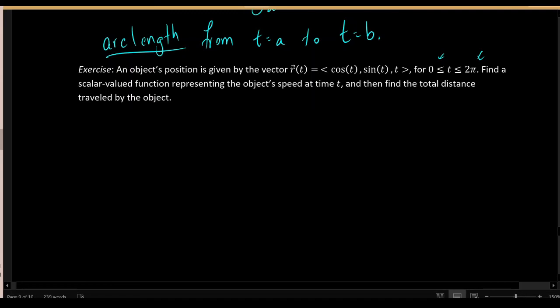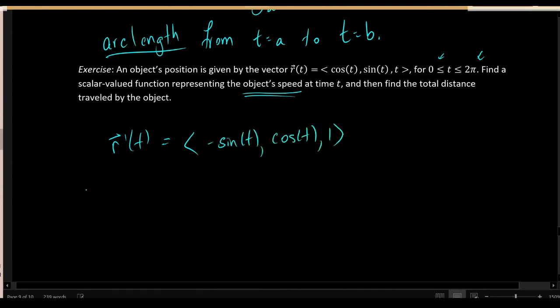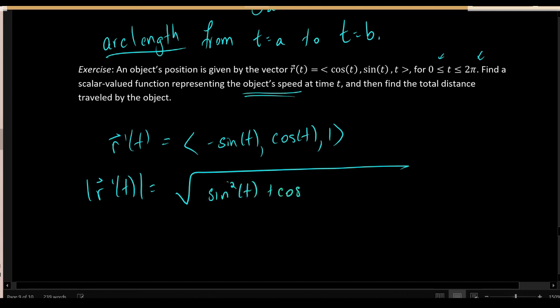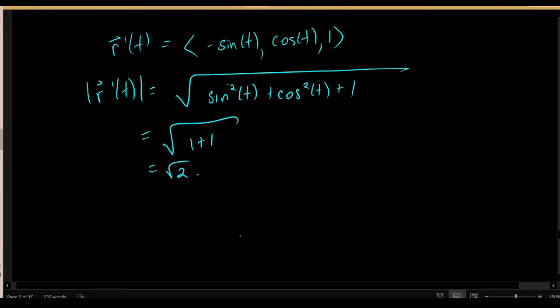In order to do that, the first thing that we need to do is get the object's speed. So let's calculate r prime. Component-wise, this is negative sine, positive cos, and 1, which means that the length of that is now equal to the square root of sine squared plus cos squared plus 1, which is simply equal to the square root of 2.